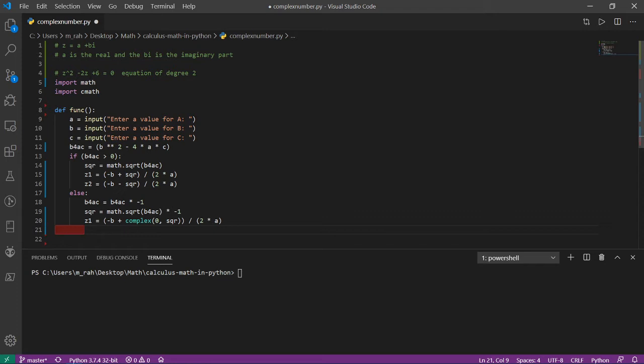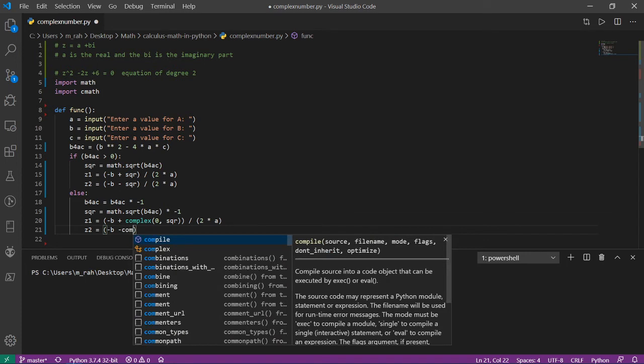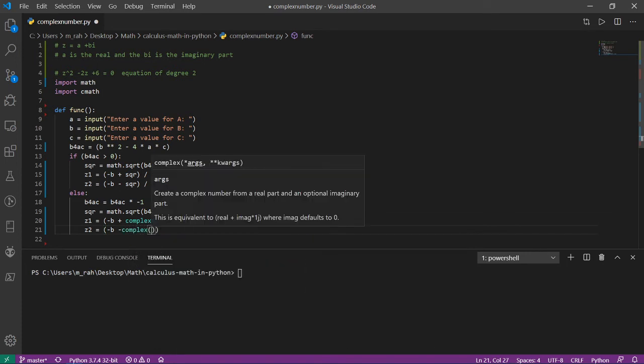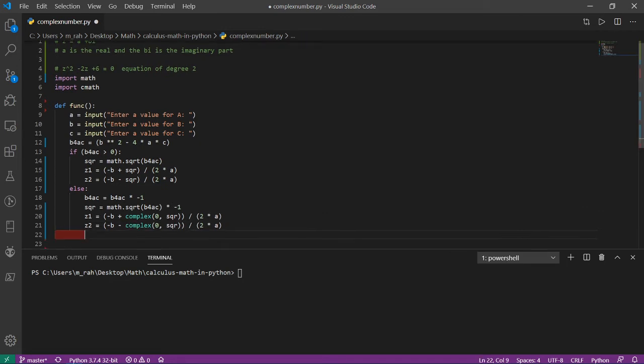Now I can solve for set2: minus b minus complex, and complex is a function in Python, of 0 comma the square root, and divide that by 2 times a. So now we are actually done with the code.